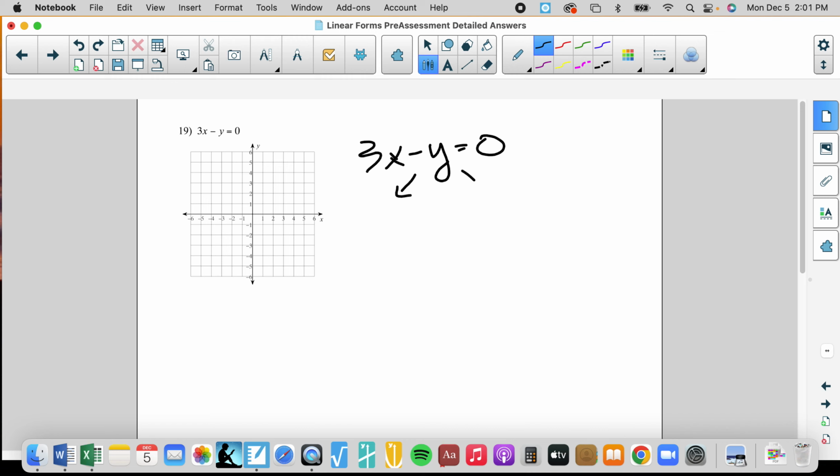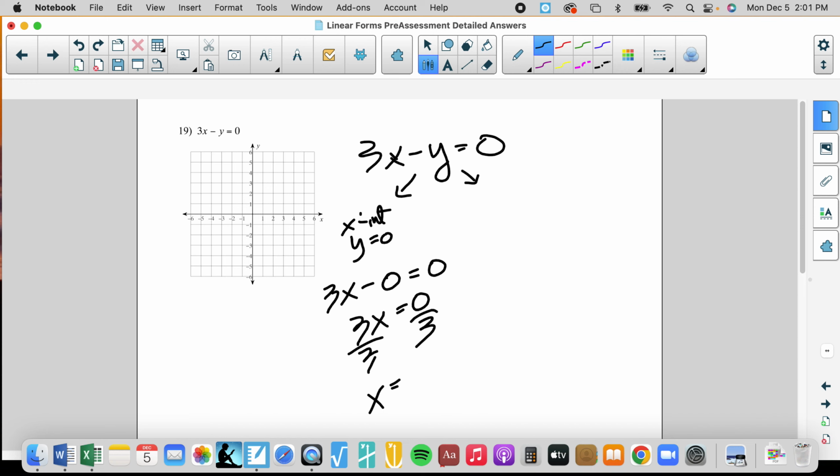Standard form, 3x minus y equals 0. So let's set each of them up. X-intercept, y equals 0. 3x minus 0 equals 0. 3x equals 0. Divide by 3, divide by 3. 0 over 3 is 0. If you do the y-intercept, you're going to plug in 0 for x.